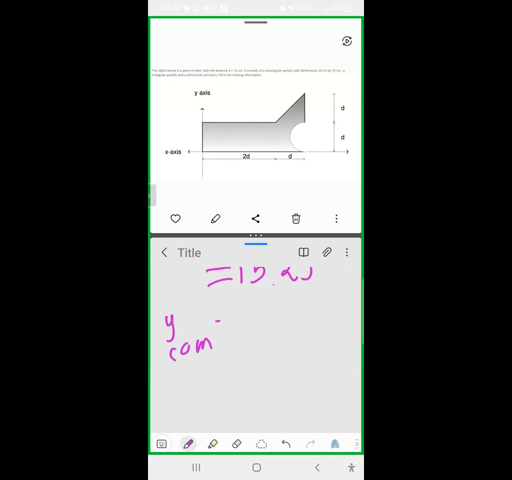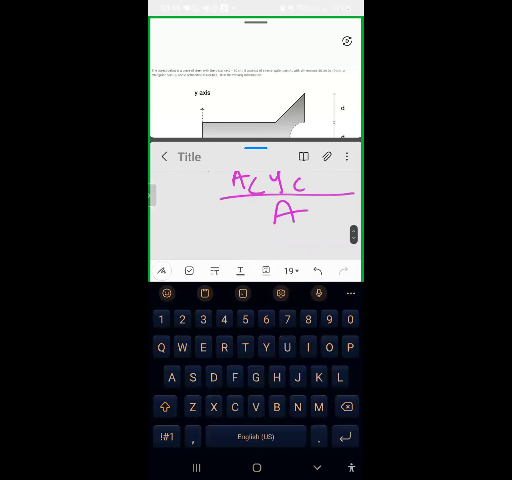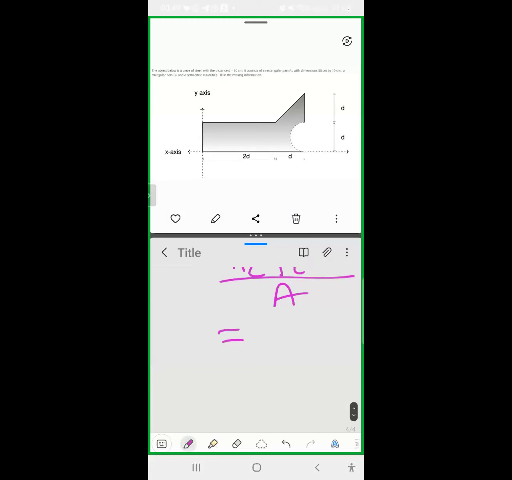will be given by the area of part A multiplied by the y coordinate of its center of mass, plus the area of B by the y coordinate of its center of mass, plus the area of C by the y coordinate of its center of mass, and then we divide this by the total area. Let's see how much we get.